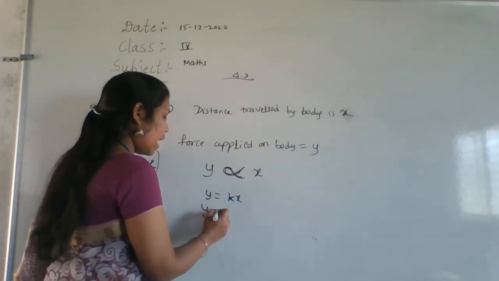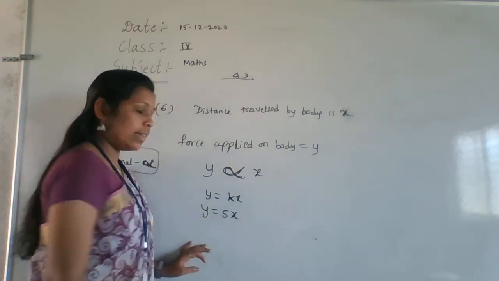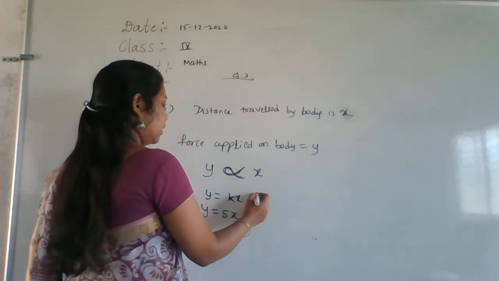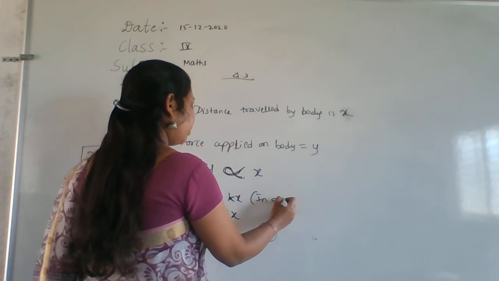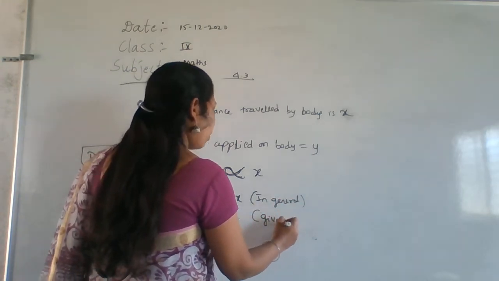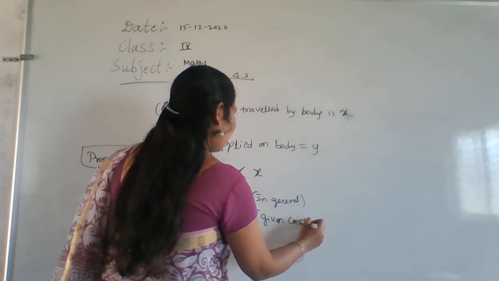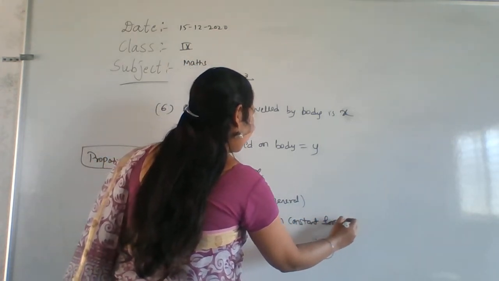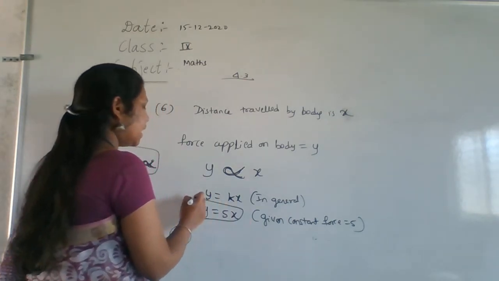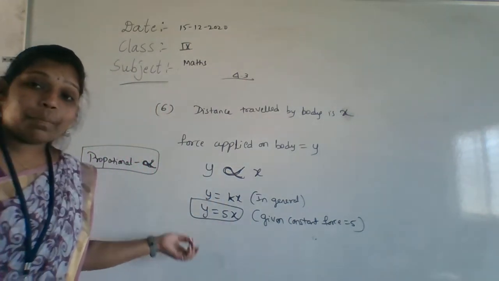That is y is equal to 5x. Like that we have to take. So this is in general. But given constant force here, the constant force is equal to 5. That's why I am taking 5. So this is the linear equation for this given problem.